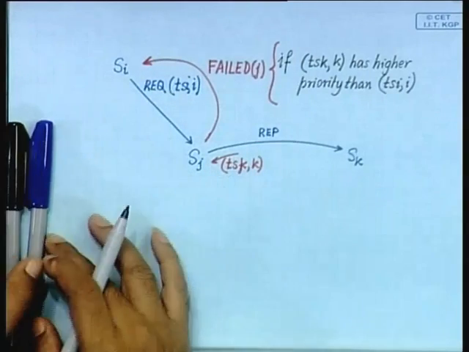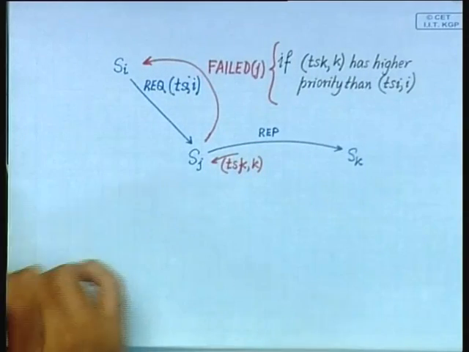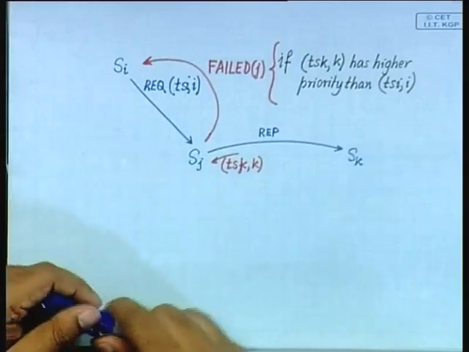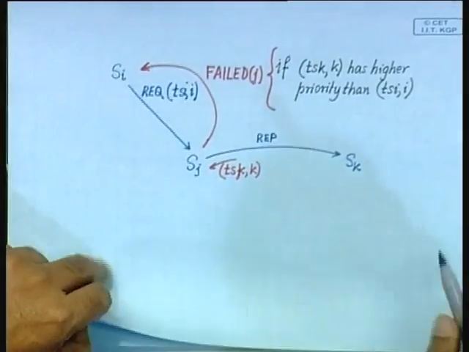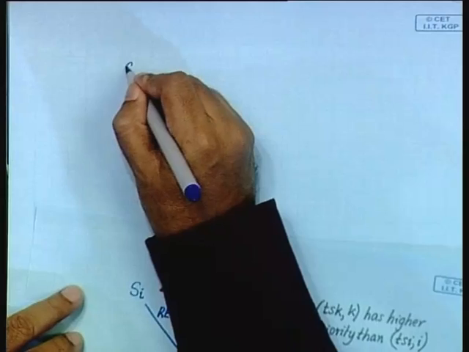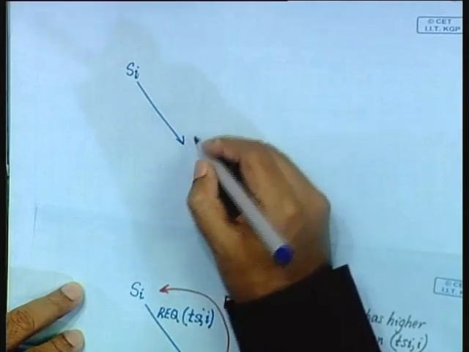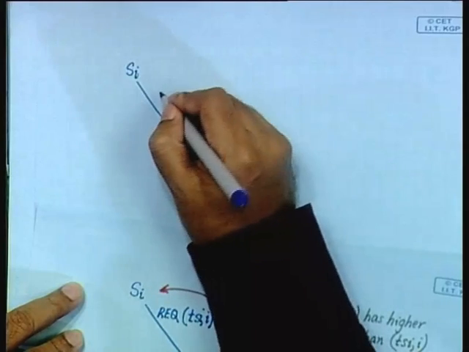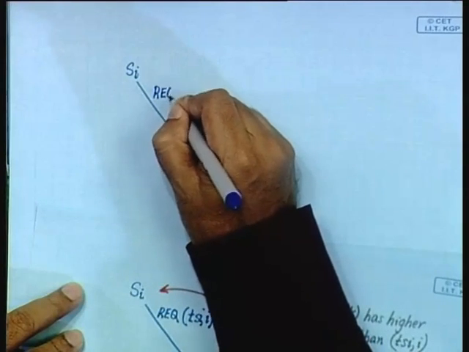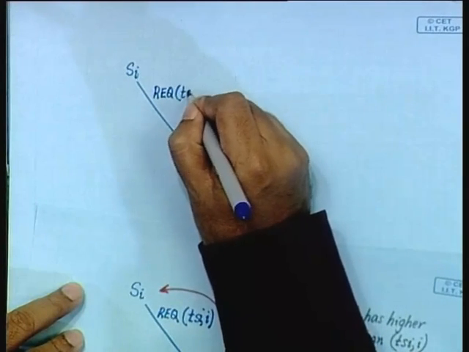Now, let us look at the other situation which is similar to this, except that Si has requested Sj with a request of TSi.